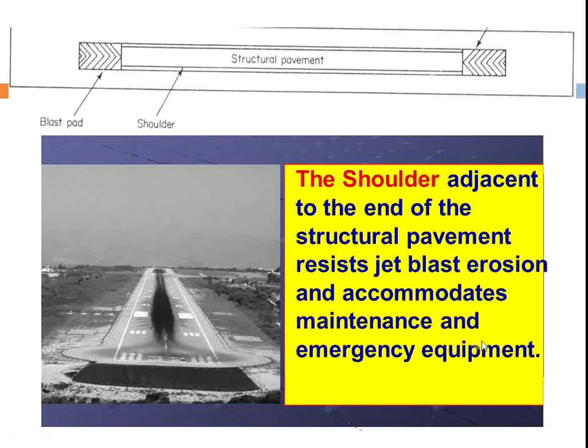The function of the shoulder is to give support at the adjacent end of the structural pavement, and it resists jet blast erosion, and maintenance and emergency cases will also use this shoulder. This is the shoulder.